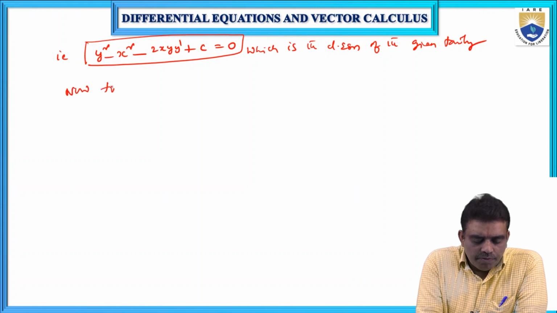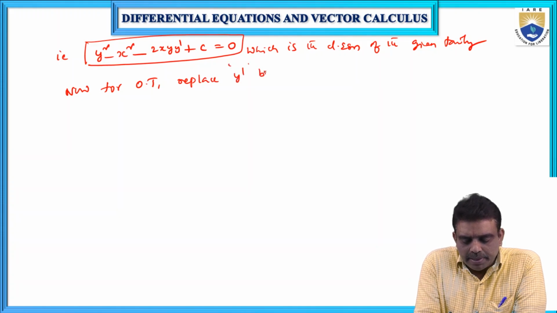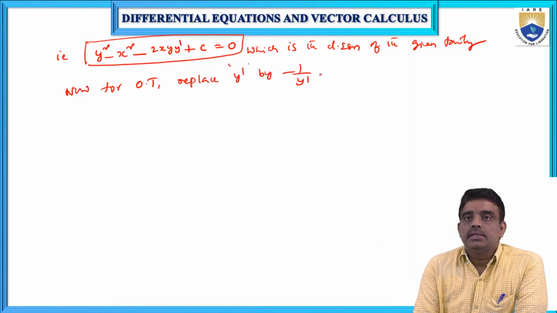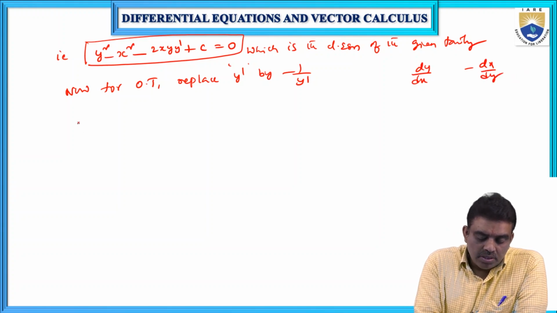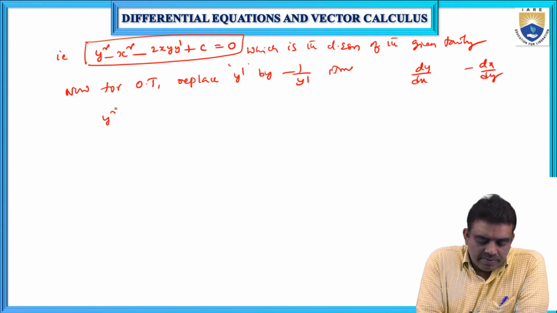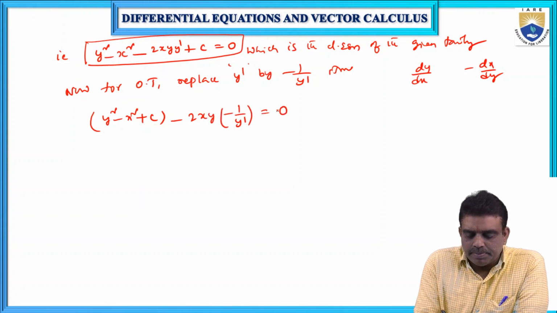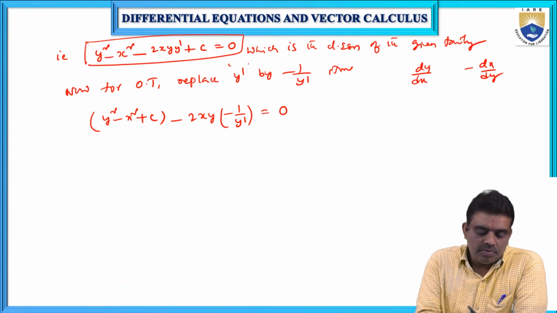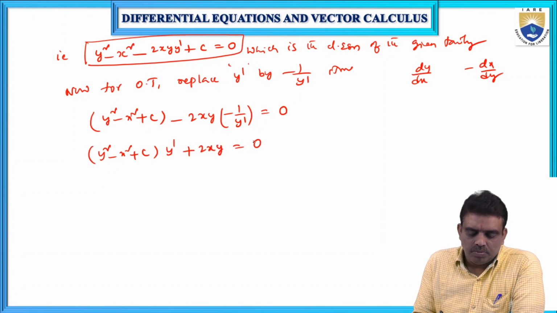Now, for orthogonal trajectories, replace y dash by minus 1 by y dash. That means for the slope dy by dx, we replace it with minus dx by dy, which is the perpendicular slope. Then y square minus x square plus c, minus 2xy into minus 1 by y dash, gives y square minus x square plus c into y dash plus 2xy is equal to 0.